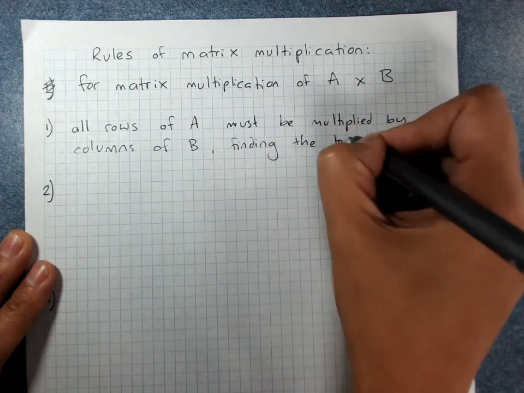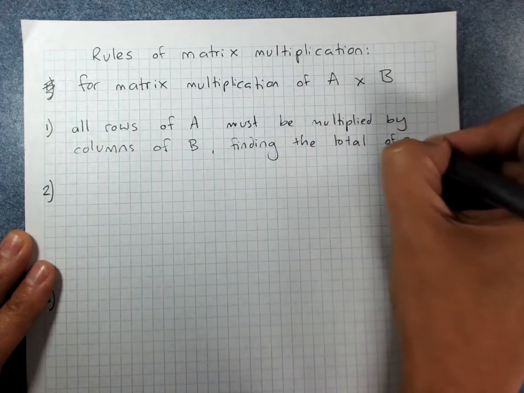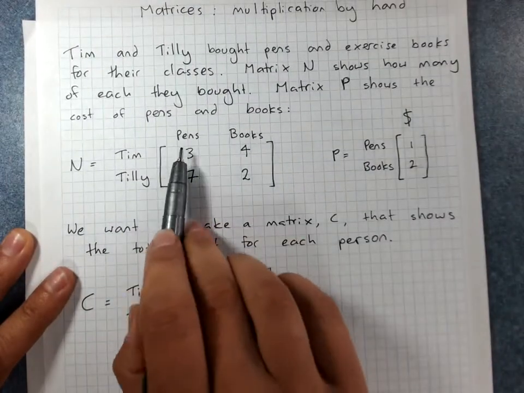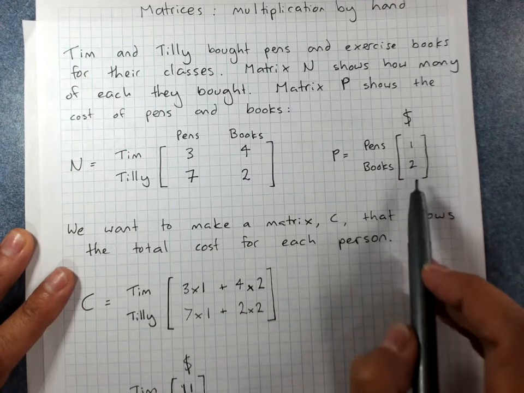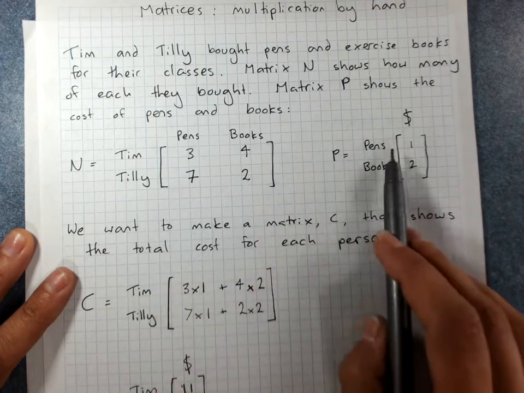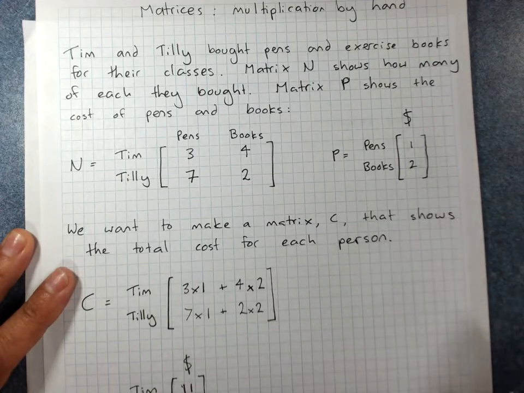So that's what I did here. I did the row times the column and added up what I got. The row times the column and added up what I got.